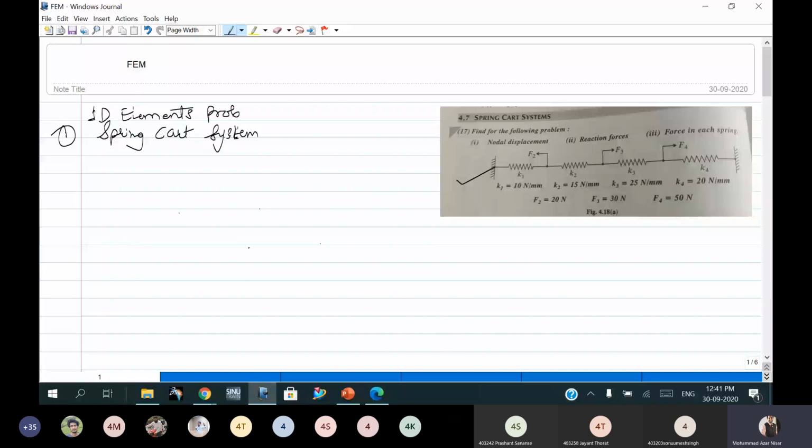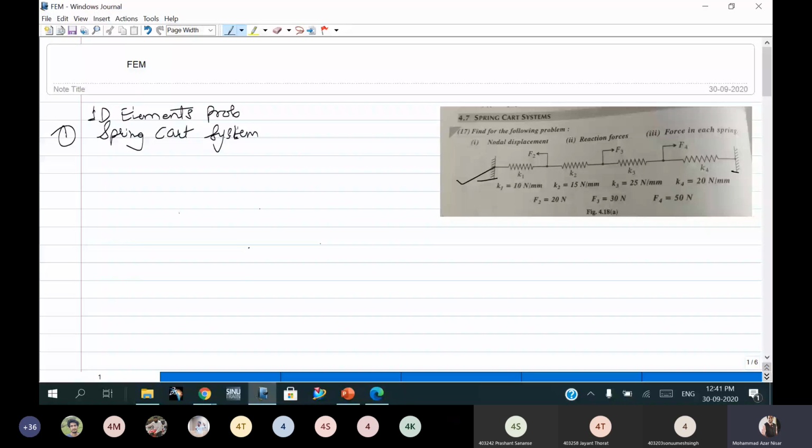F1 is the reaction at this point, so the reaction forces are these two, this one and this one. K1, K2, K3, K4 are the stiffnesses, given as 10 Newton per mm, 15 Newton per mm, 25 Newton per mm, and 20 Newton per mm. The forces are 20 Newton and 50 Newton for F2, F3, and F4.